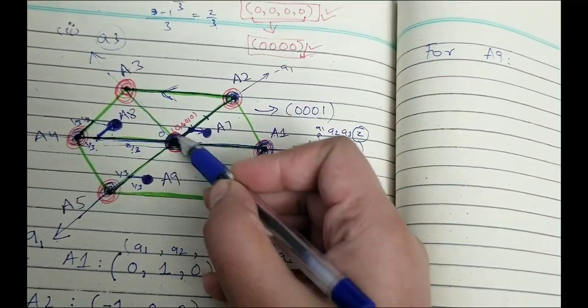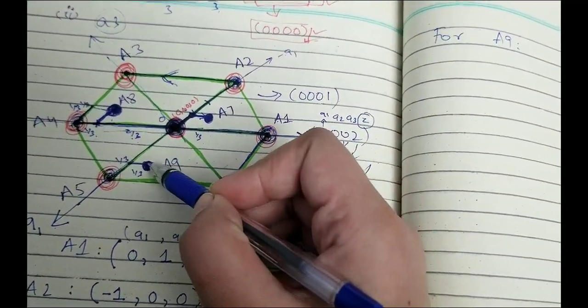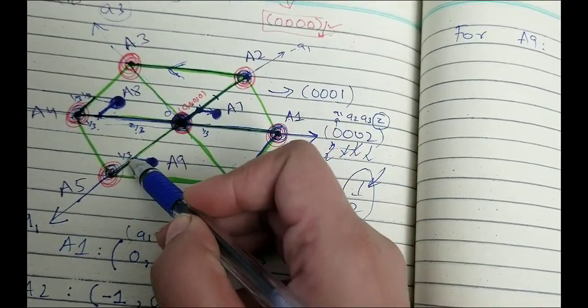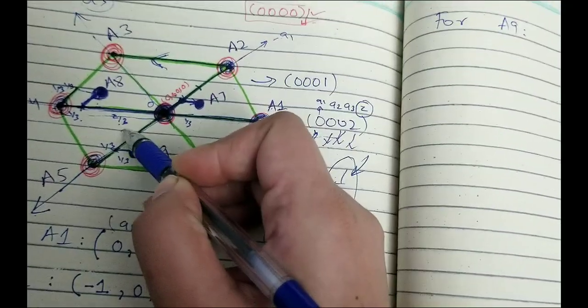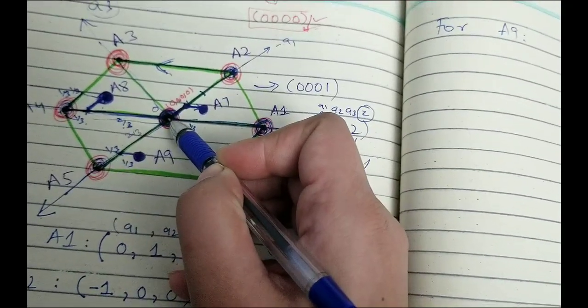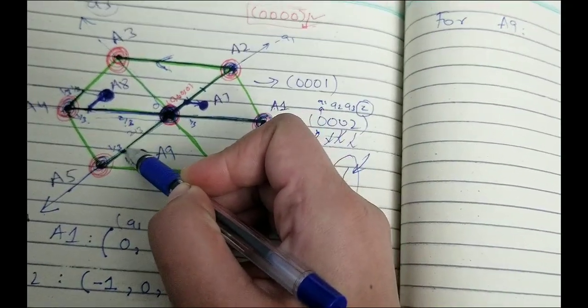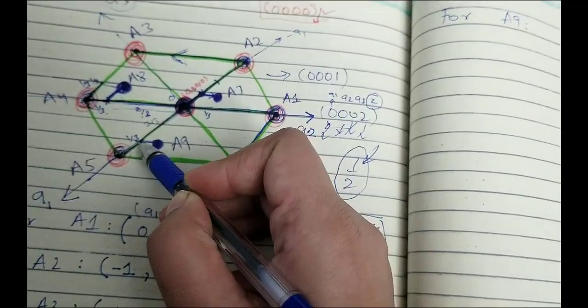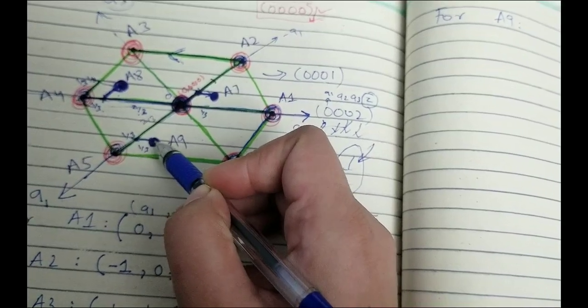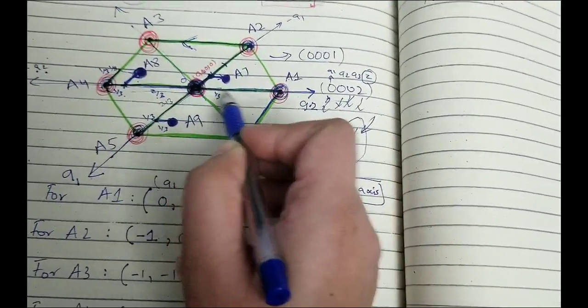So yeah, this is the origin and we have to reach there. This length is 1 by 3 and this bigger length will be 2 by 3. Keep that in mind. We'll move 2 by 3 units along the positive A1 axis, and then we'll move in this direction to reach A9, and this direction is positive A2.